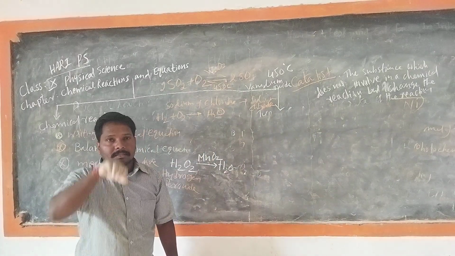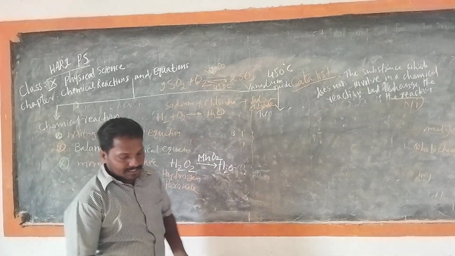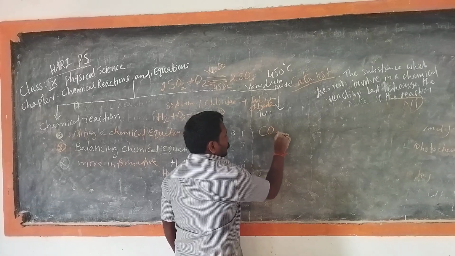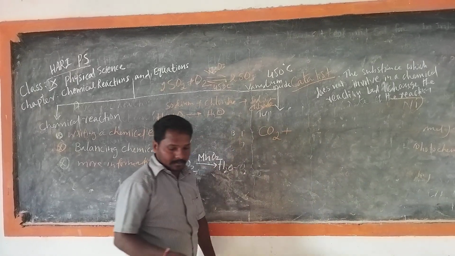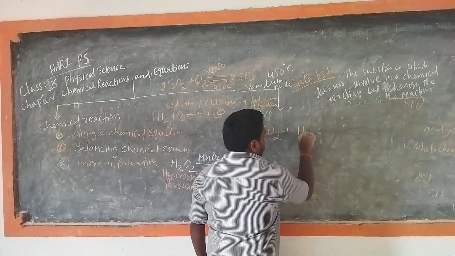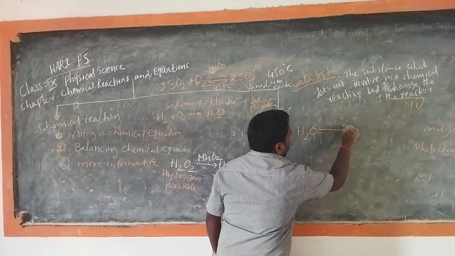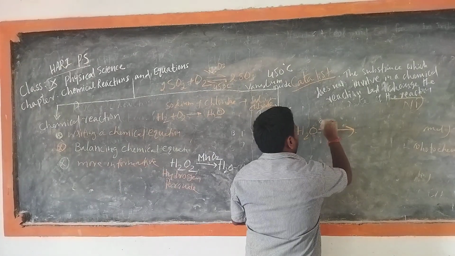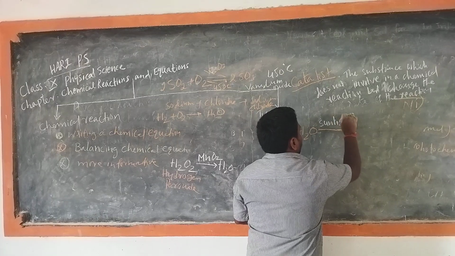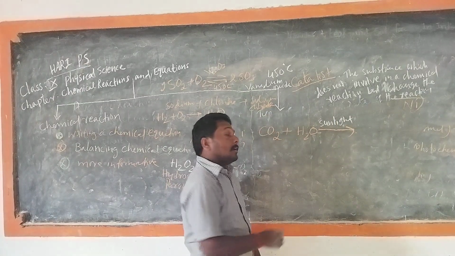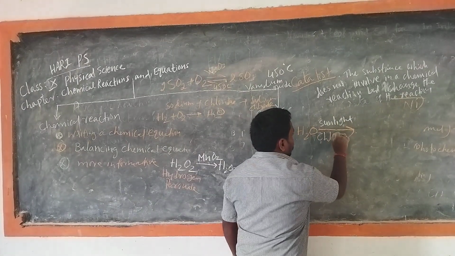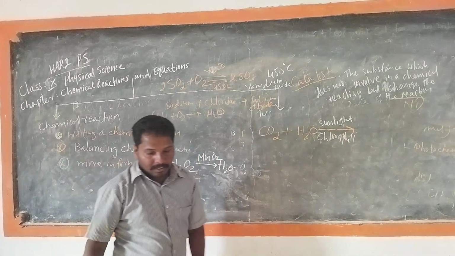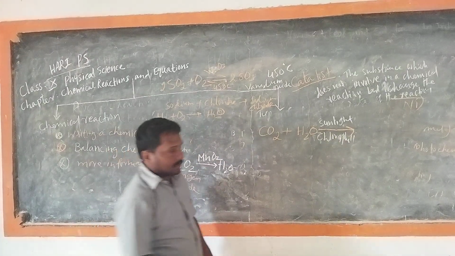Photosynthesis is an example. For example, CO2 plus water, in the presence of sunlight and chlorophyll. Sunlight is required, chlorophyll is also required.